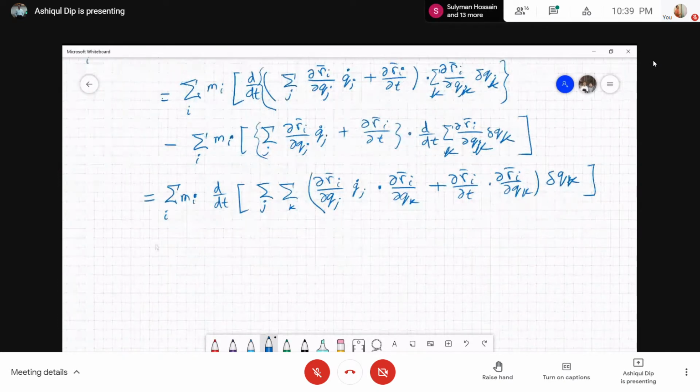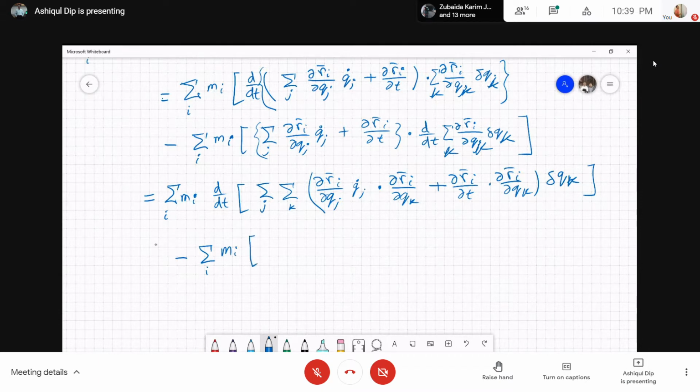So minus sum over i m_i. Okay, so for this part, actually, we cannot do much, so just write it as it is. Next step, it will reduce down.